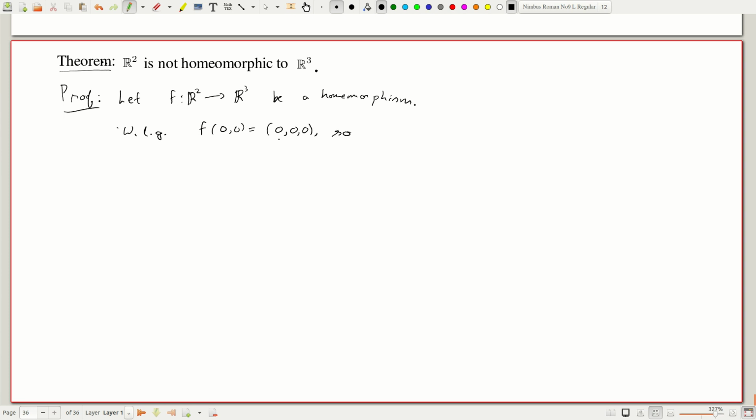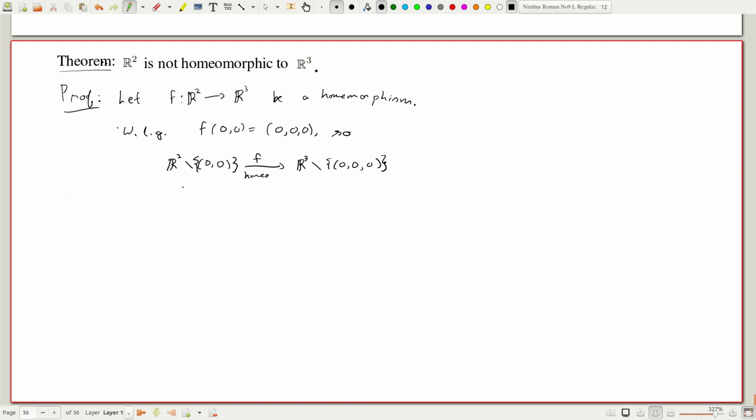So R2 minus the origin, the set which is a singleton, is mapped by f, as a homeomorphism, to R3 minus the origin. This is achieved by maybe post composition with a translation. Okay, so far so good.